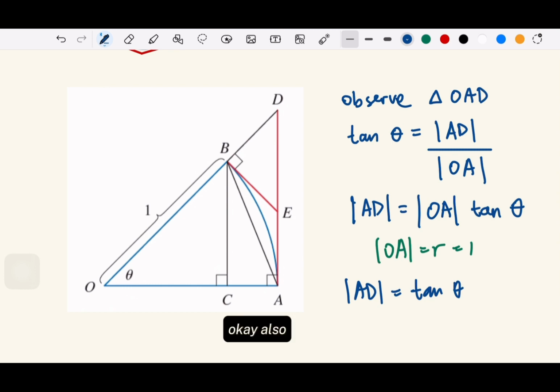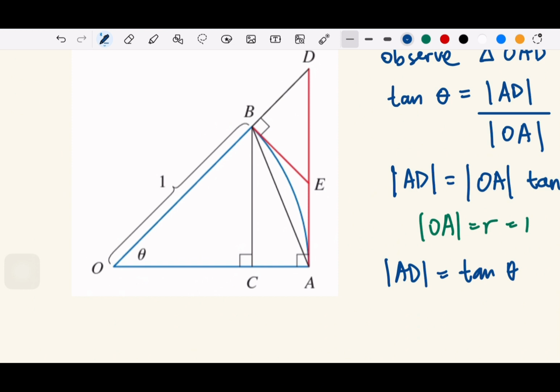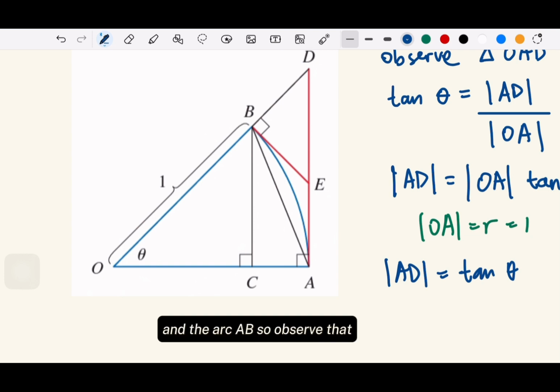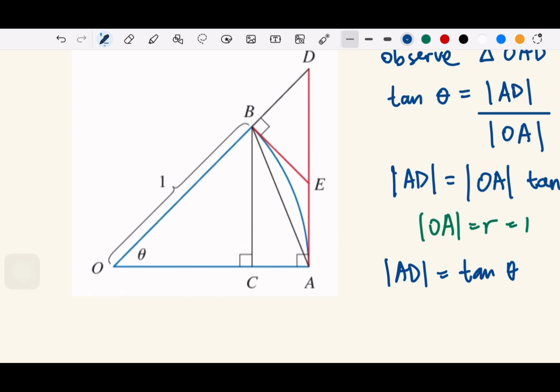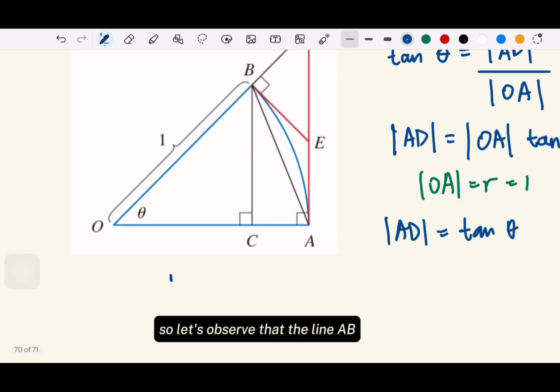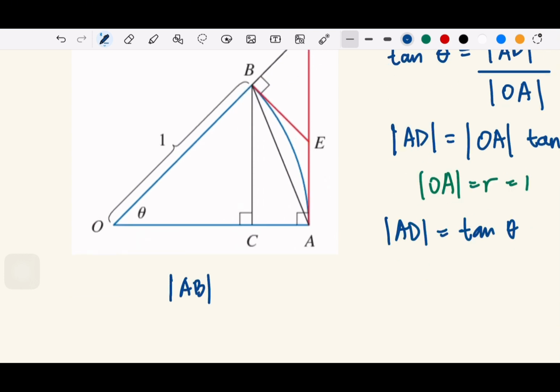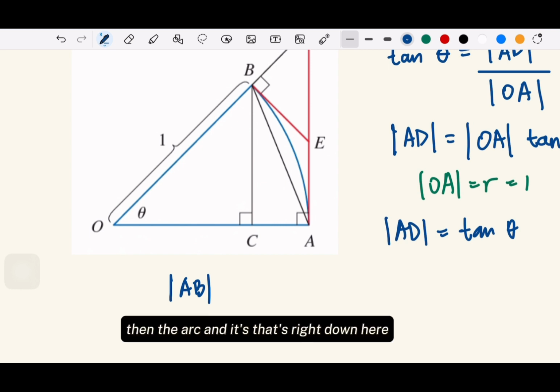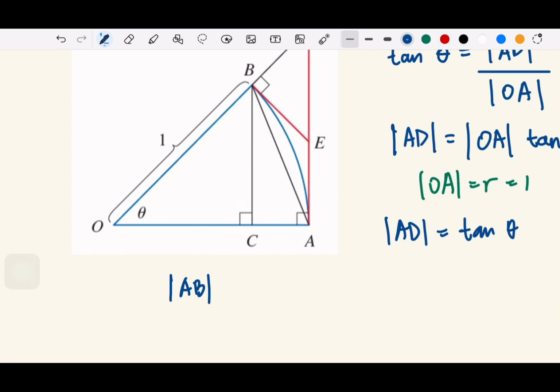Also observe the line AB and the arc AB. In terms of geometry, the line AB will be less than the arc AB, so let's write that down here: less than arc AB.